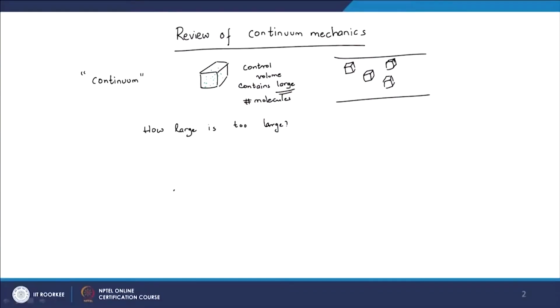So, as long as this continuum approximation holds, we can talk about the properties of any point within the fluid or a solid. Let us call this point P. In the continuum mechanics language, this point is called a material point, and any material is composed of many of those points, right.